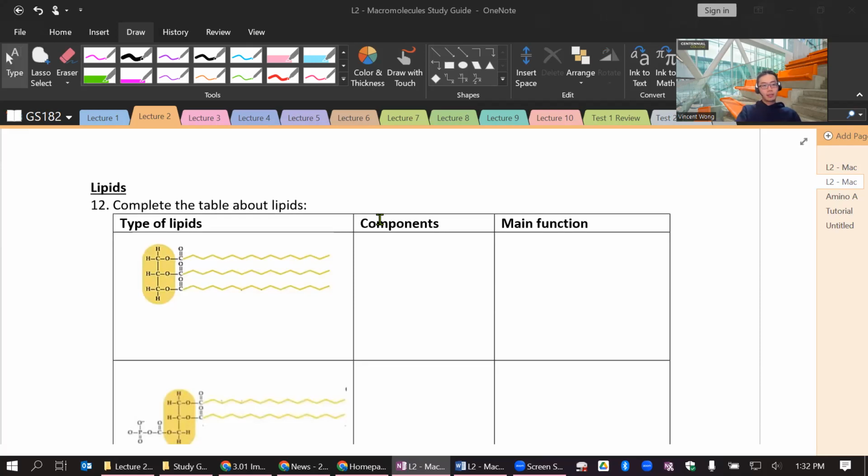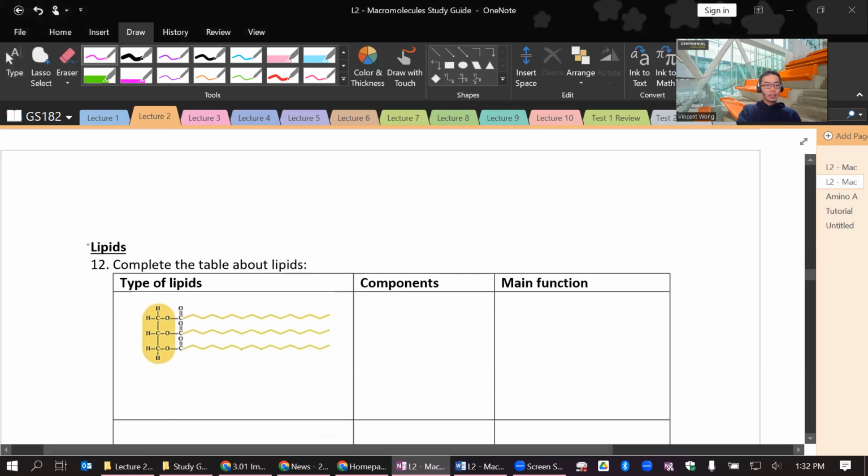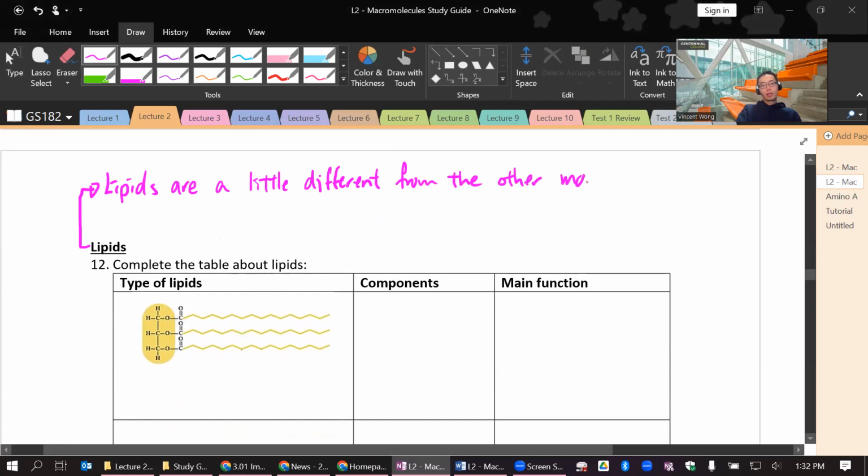Now I have to write a little note here for you. Lipids are a little different from the other macromolecules because lipids are not made up of monomers.